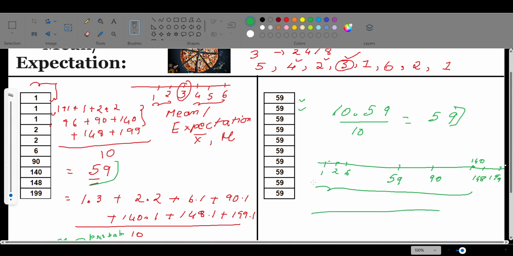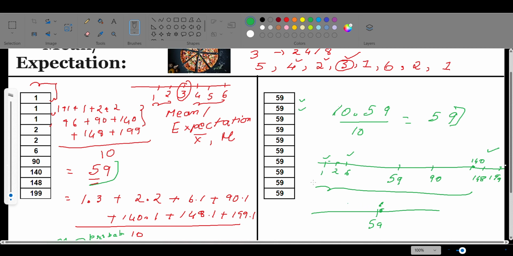For the second data set, everything lies at 59. So do you notice that in the first data set, the spread of the numbers is more, the range of the numbers is more. But in the second data set, it isn't. It's very less. It's actually just 0. Therefore, the data sets are not the same.